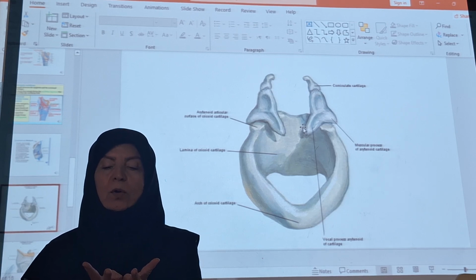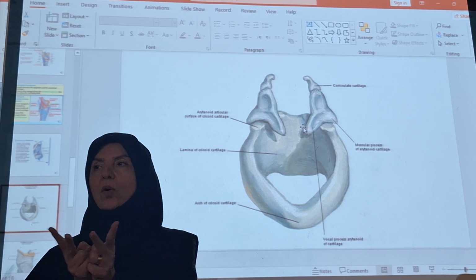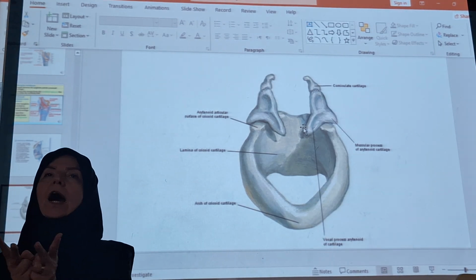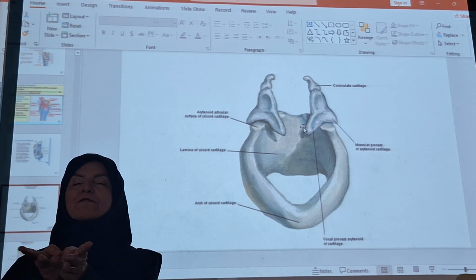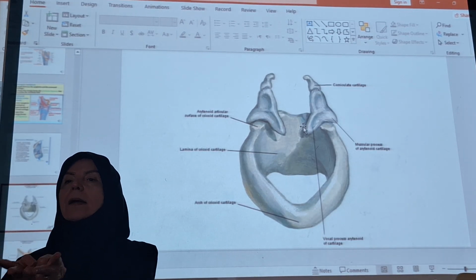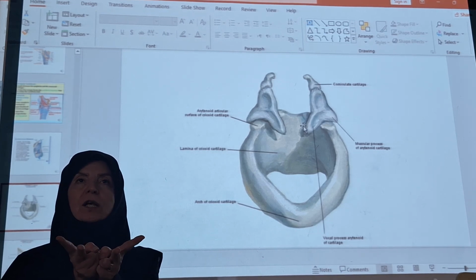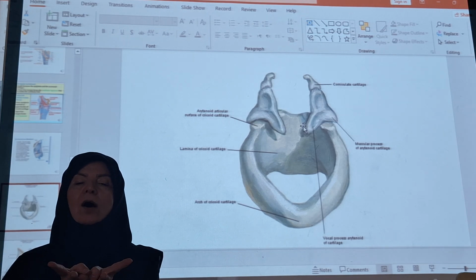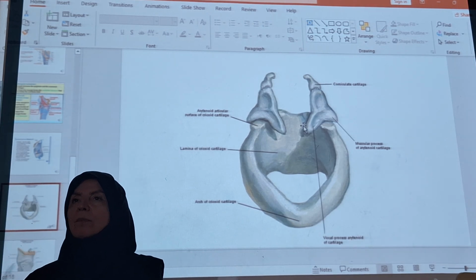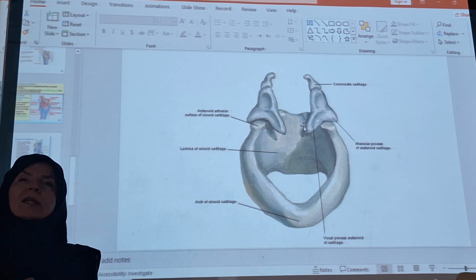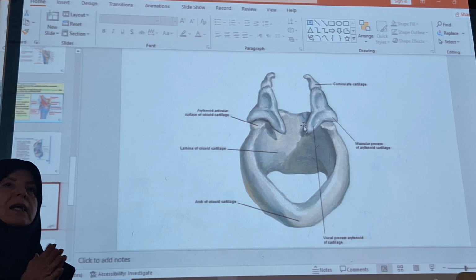So superiorly, when I look at the vocal cord, false and true, I am able to look at all four ligaments, because the vestibular ligament is superior and lateral, and the true vocal ligament is inferior and medial. So this position helps me with the laryngoscopy.